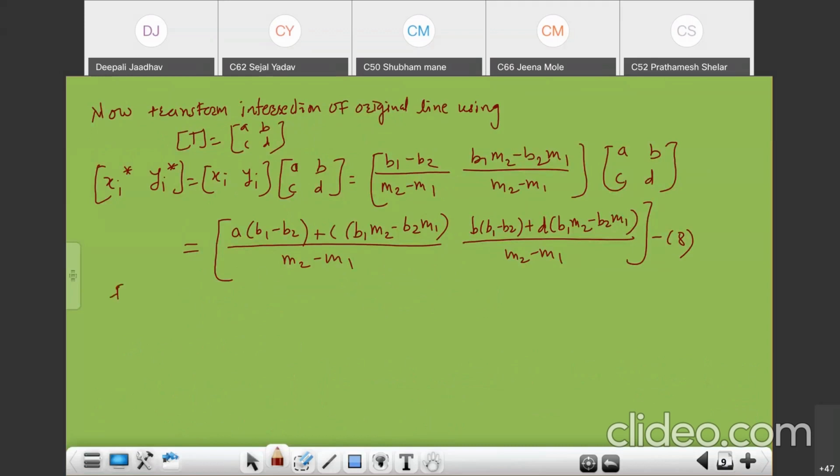Means when we transform a pair of intersecting lines, it generates another pair of intersecting lines.